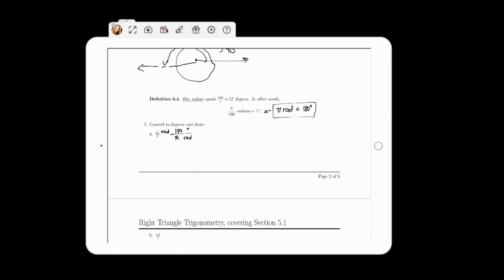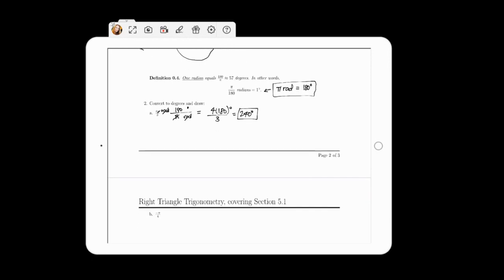When I multiply by 180 over pi, that's multiplying by 1. Radians cancel, pi cancels. So I have 4 times 180 over 3 degrees, in other words, 240 degrees. So we know that 4 pi over 3 is equal to 240 degrees.